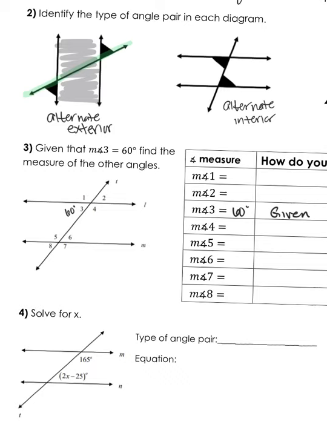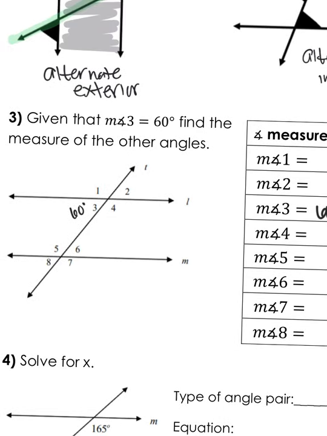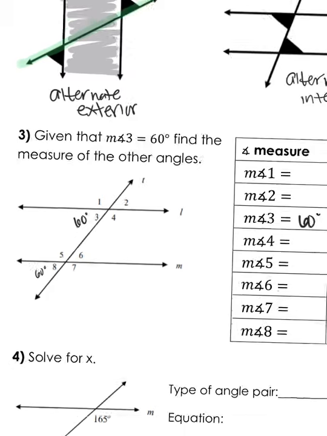There is only one possible right answer for the angle measure, but how you know the relationship that you used to get that answer could be different depending on how you looked at the problem. So for example, I can look at angle 3, and I can say that angle 3 is corresponding to angle 8. So that means angle 8 also has to be 60 degrees.